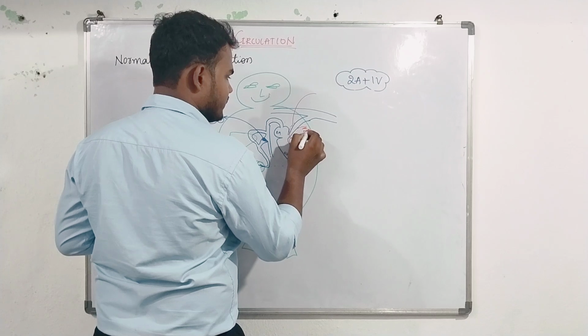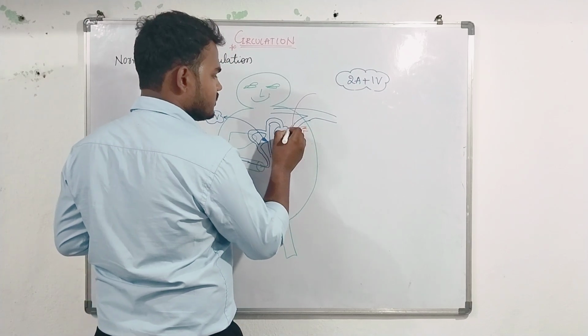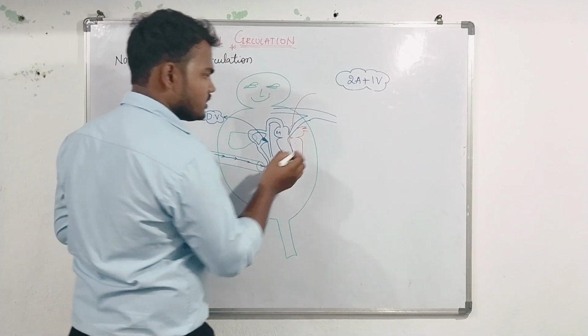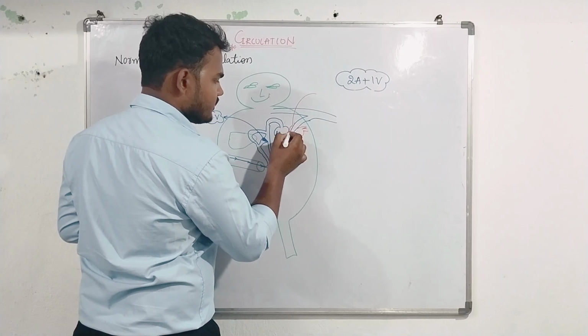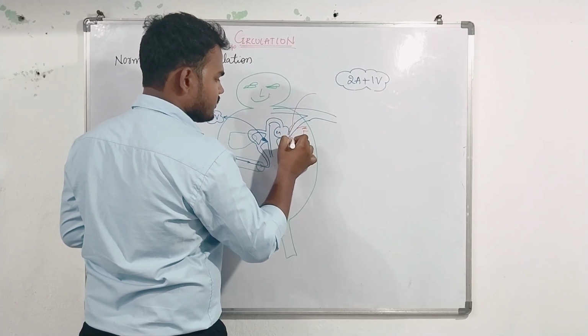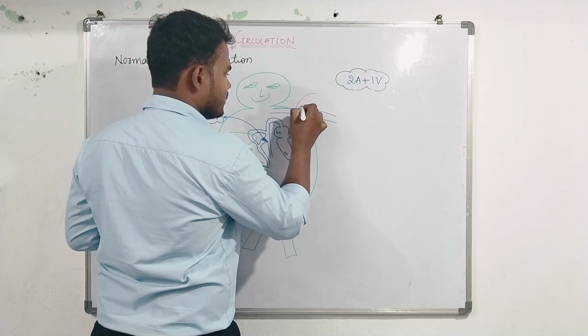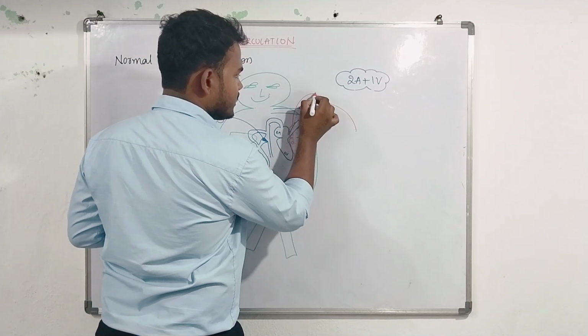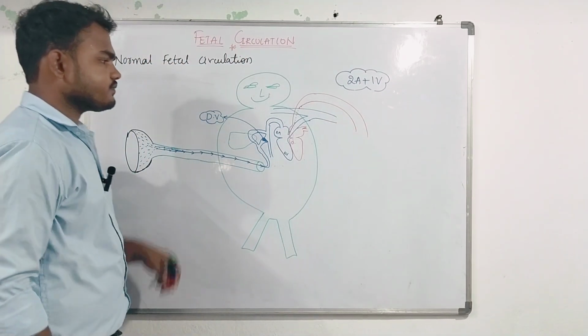Pulmonary veins are not mature. And from here there is the origination of the aorta. This is our aorta.